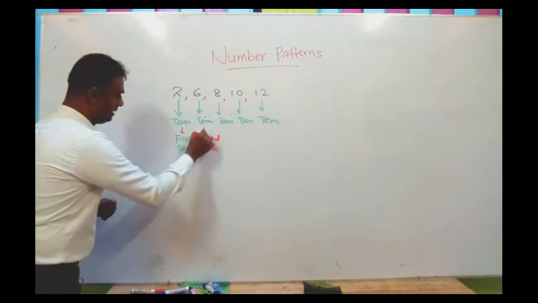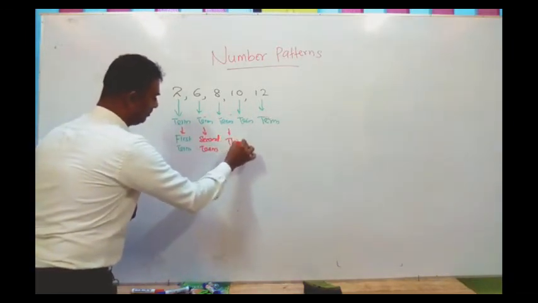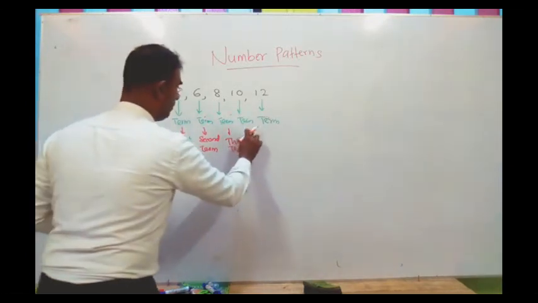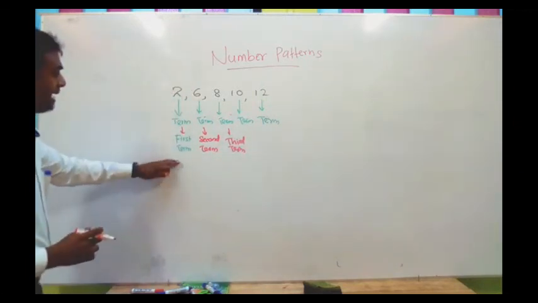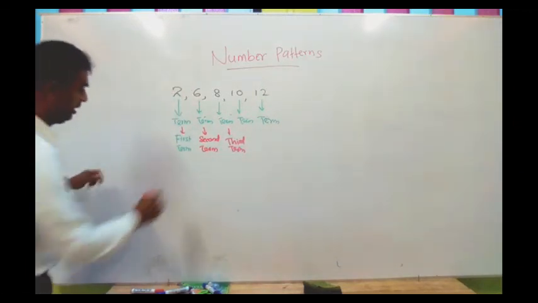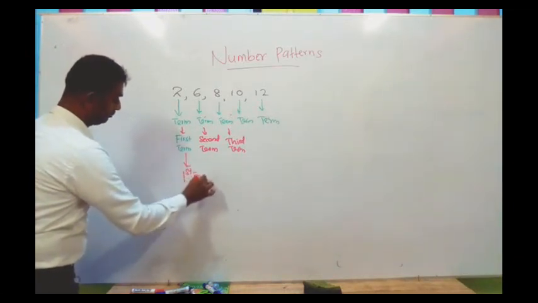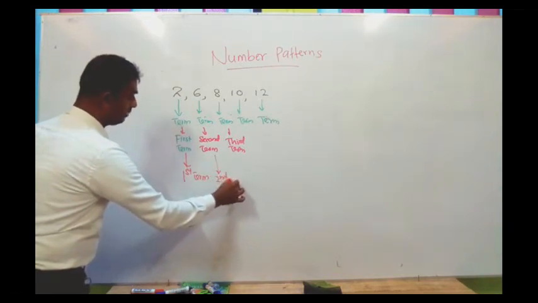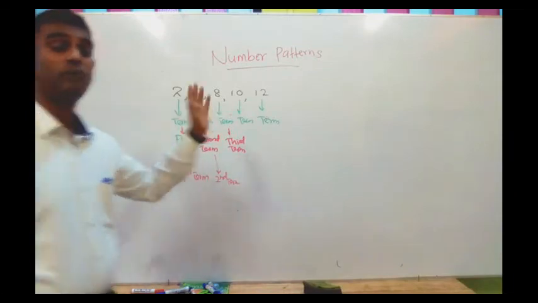This one is the third term. This one is the fourth term. Fifth term, like that. You can write this using words like first term, second term. Now you can identify the terms of the number pattern.